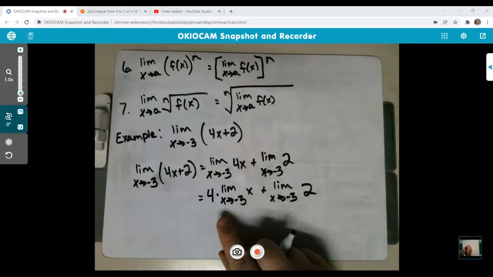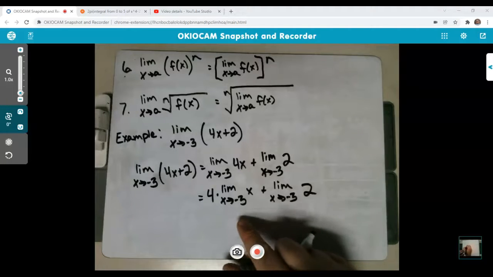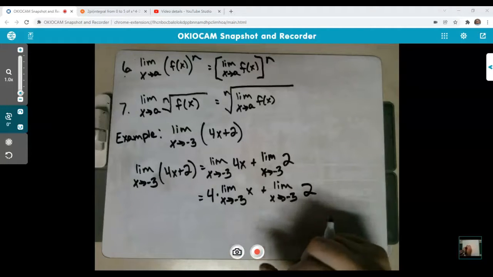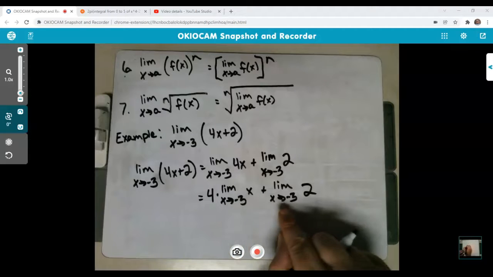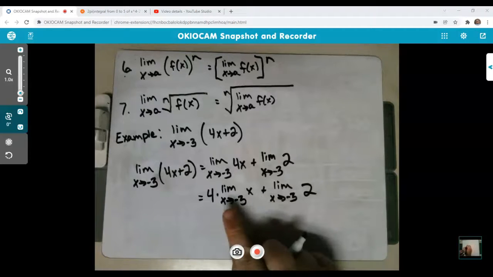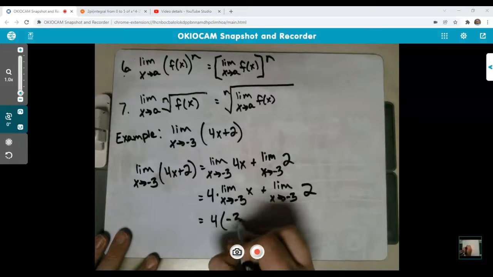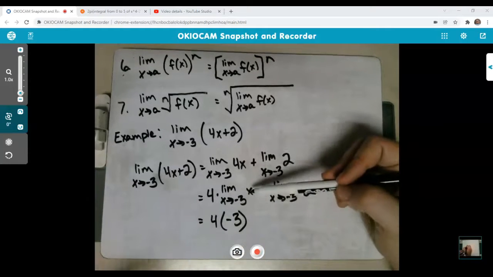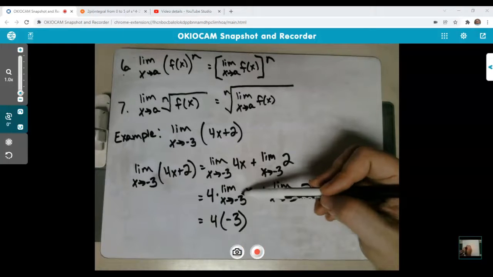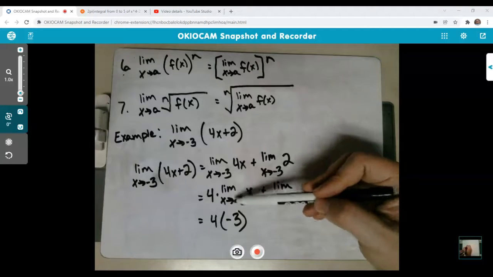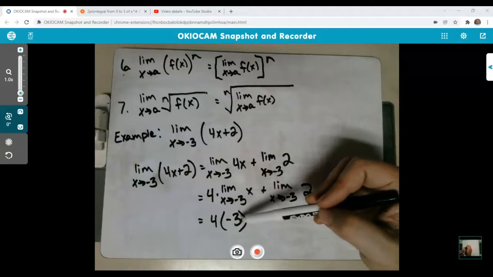Because now it looks like there's more terms right here, and so it would take more work, right? But look, I know how to find both of these here, right? The limit as x approaches negative 3 of x, we learned that's just negative 3, right? Because whenever I have an x right here, it's just whatever I'm getting close to. So I could do that.